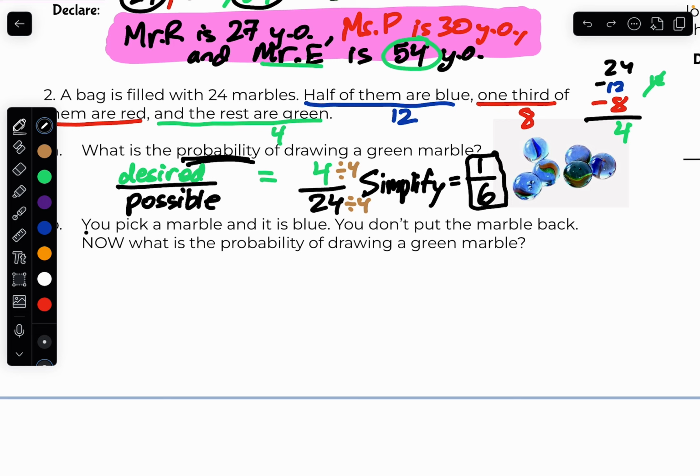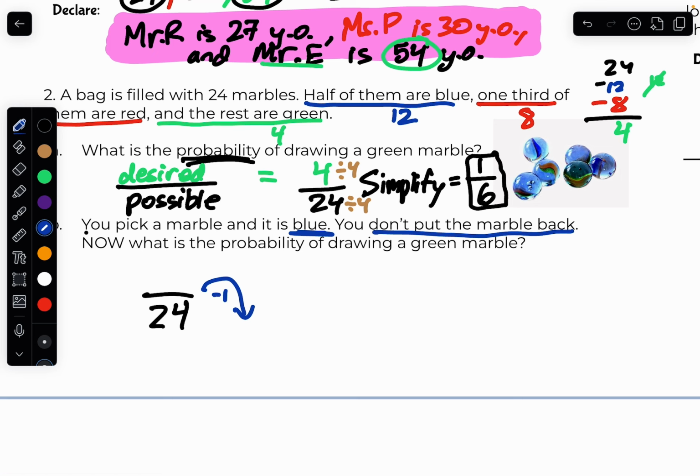It says next that you don't put the marble back. Now what's the probability of drawing a green marble? Originally there were 24 marbles, but you take one of them out. Which color do we take out? The blue. We take out one blue.